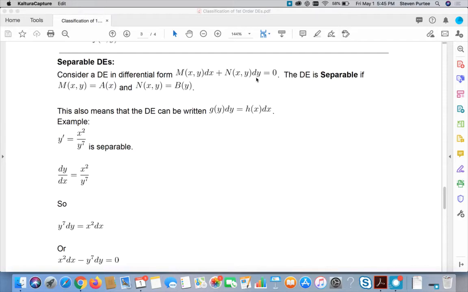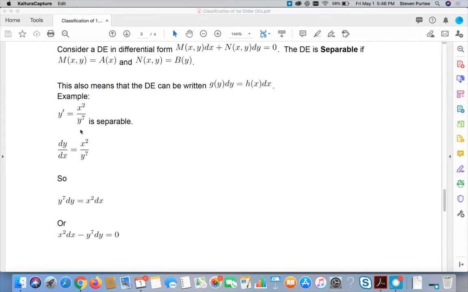You have a separable DE. So you can write your function, if you want, all the y's on the left-hand side of the equation, all the x's on the right-hand side of the equation. And then when we go to solve these, what's the next thing we're going to do? It's easy. We just integrate both sides.